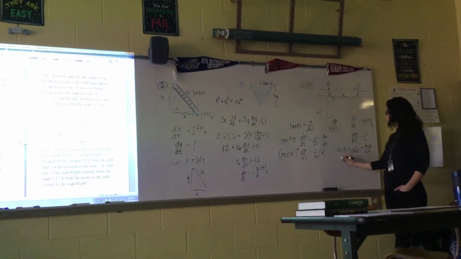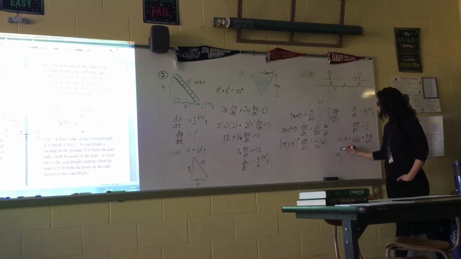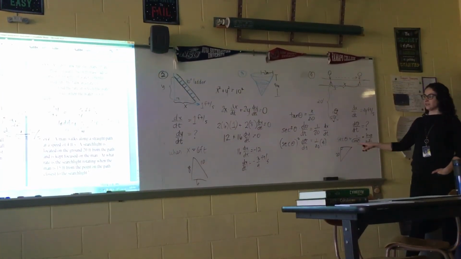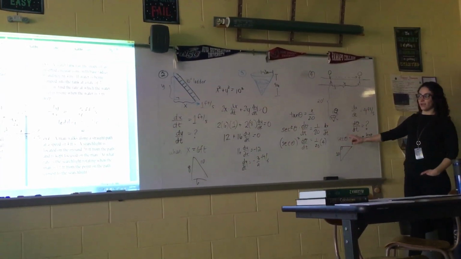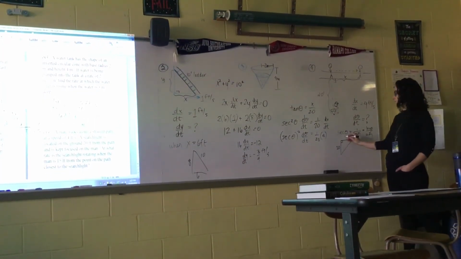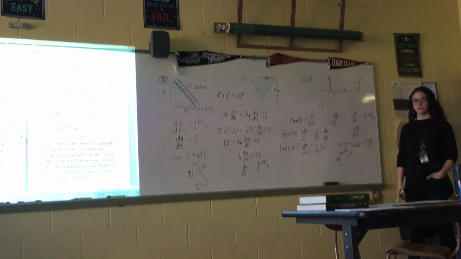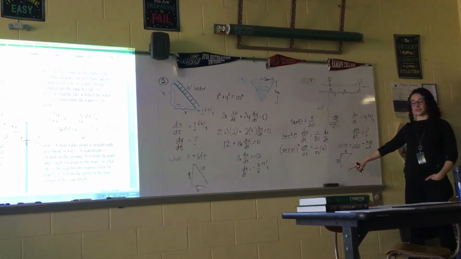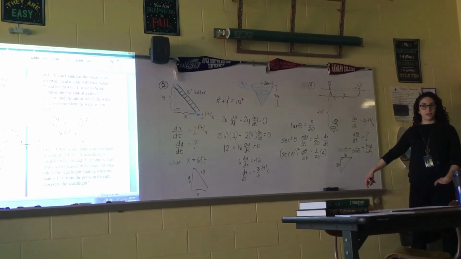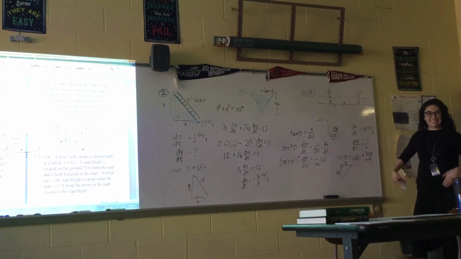And I'm talking about this triangle, where this side is always 20. When the top side, x, when the man is 15 feet from the point on the path closest to the searchlight, so when this is 15, I need to know what the missing piece is. Can I figure it out? Yeah, Pythagorean theorem.